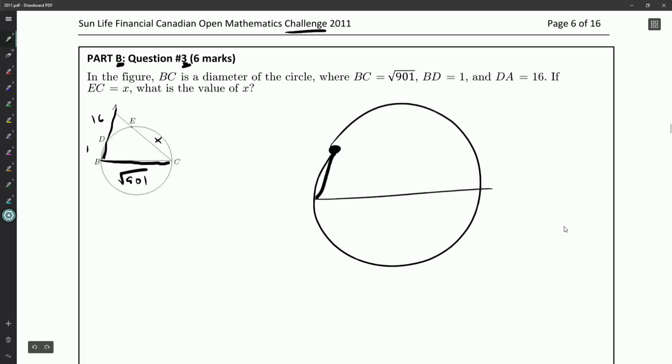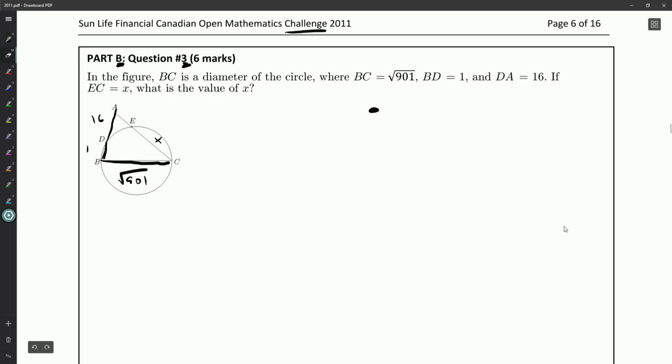So I could have DA here, and I could have AD go something like this. They really should say something like ABC is a triangle. But since the question would be impossible to do otherwise, we will go ahead and assume that it is a triangle, even though it's not written.